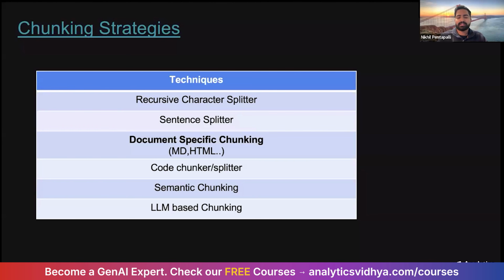Semantic chunking is a more advanced strategy where it compares one sentence to the next to see how semantically close they are, and based on that it chunks dynamically to preserve meaning. LLM-based chunking uses LLMs to dynamically and smartly chunk the data.